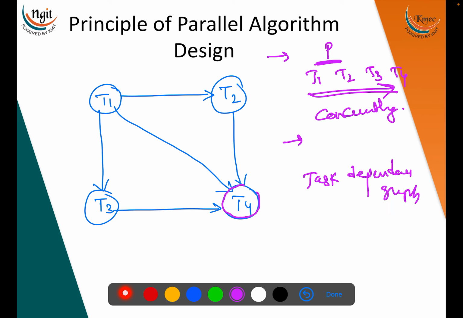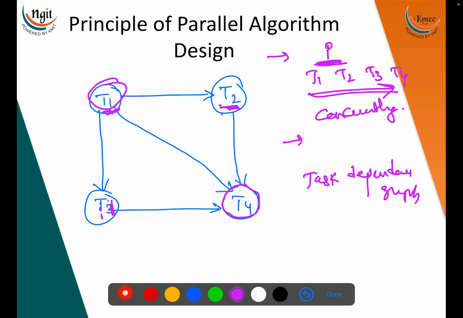T4 is a sub-problem of P and it is dependent on the outputs of T1, T2 and T3. T2 is a sub-problem which is dependent on T1. So first we execute T1 and its output is given to T2 and T3.